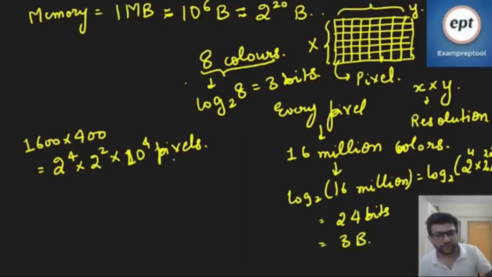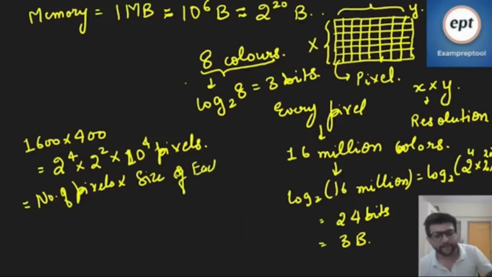Now we have these many pixels. So what is the total memory required? It will be the number of pixels into the size of each pixel. And what will be the size of each pixel? It will be equal to 3 bytes.